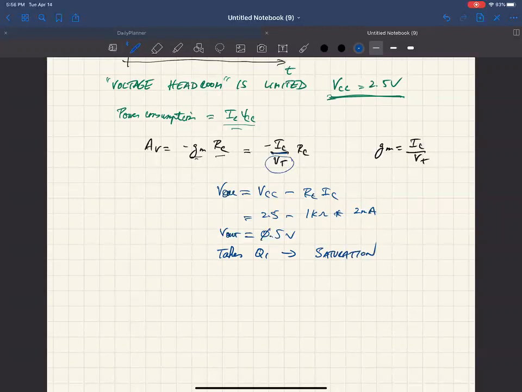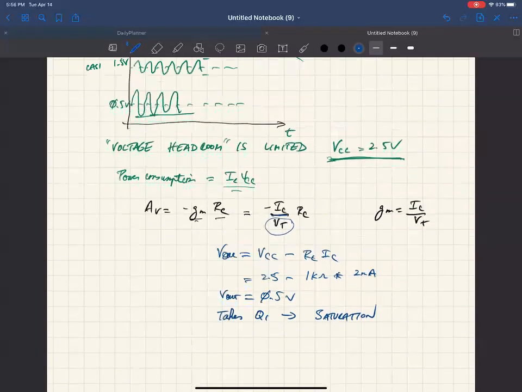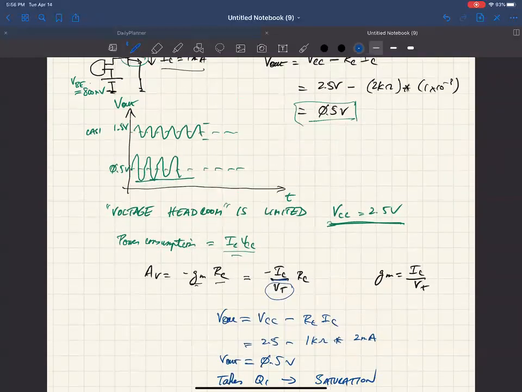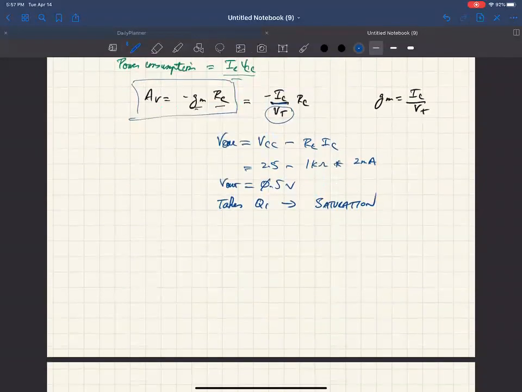So again, the lesson there is, yes, you do have this really nice, simple small signal gain equation, but you have to watch it and make sure that your transistors are always biased properly and the operating point works as you play around with the different options.